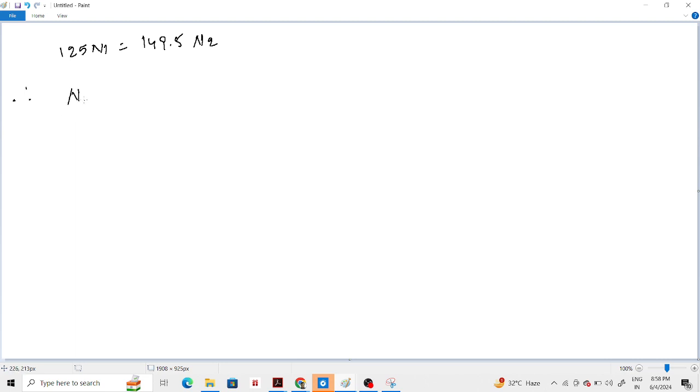That means I am to find N2 minus N1 by N1 into 100%. Final value minus initial value by initial value into 100%.